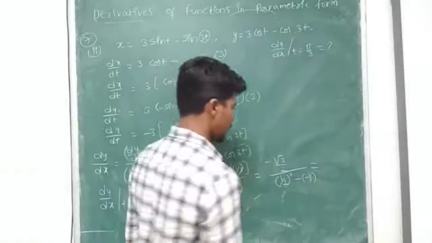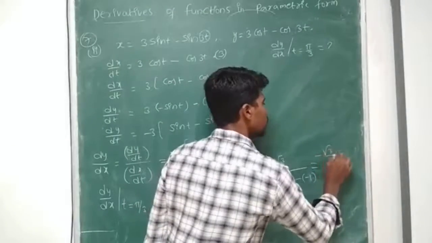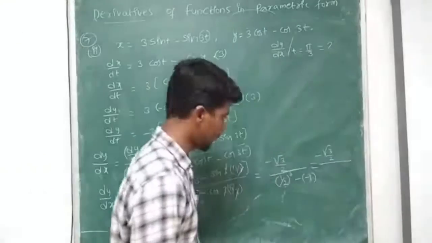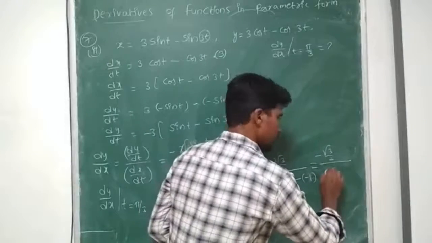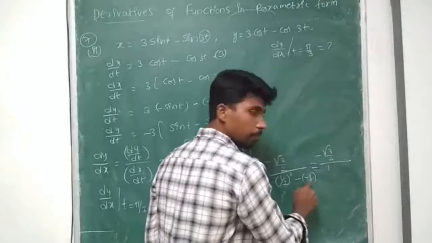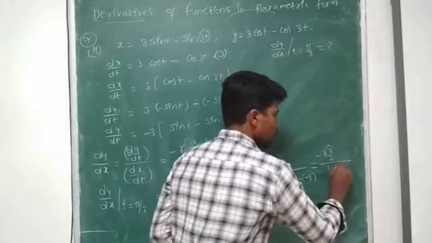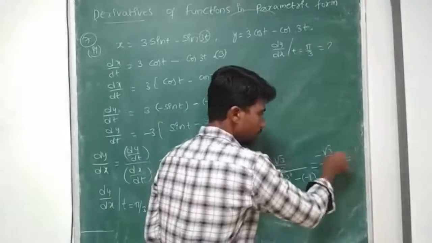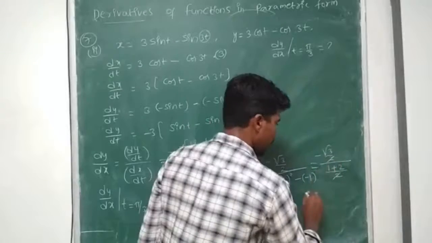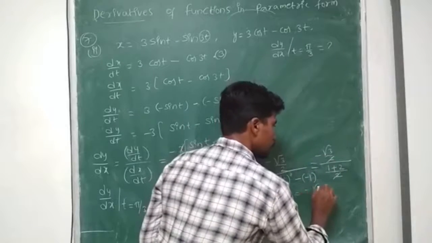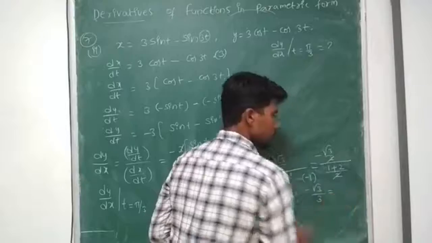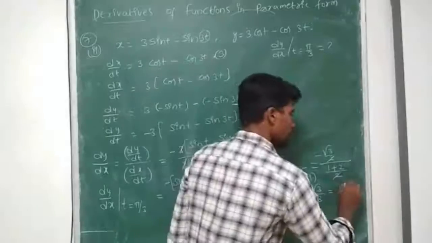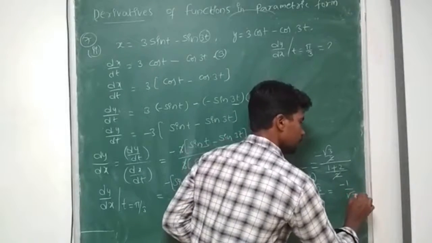So if I take the LCM, minus root 3 by 2 whole divided by 1 plus 1 by 2, that is 1 plus 2 by 2. 2 and 2 get cancelled. So I got minus root 3 by 3, which is equal to minus 1 by root 3.